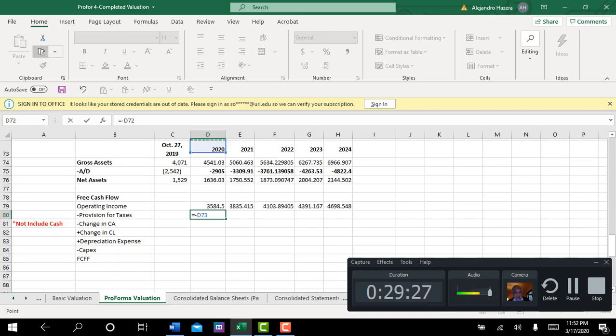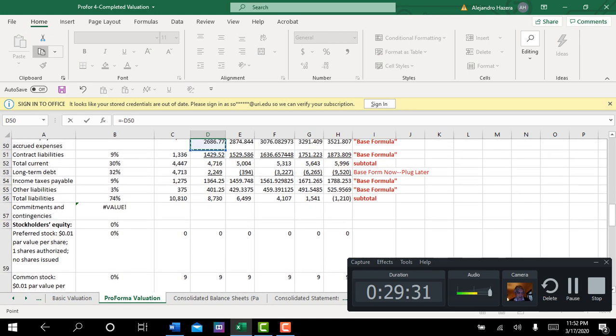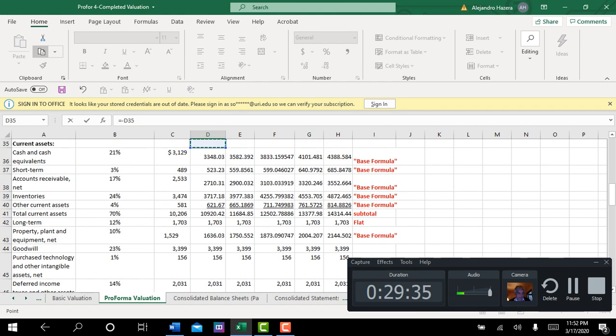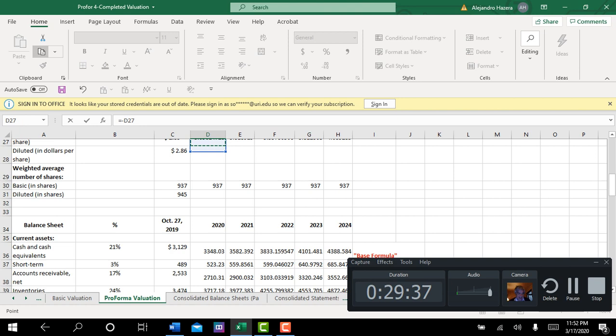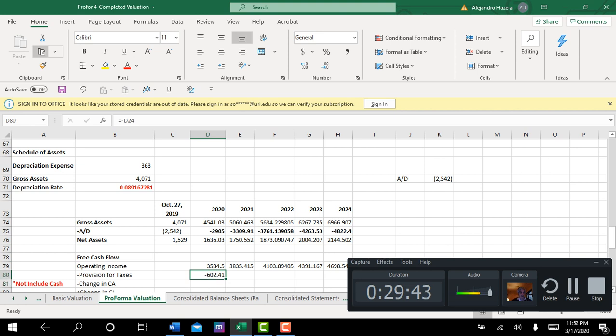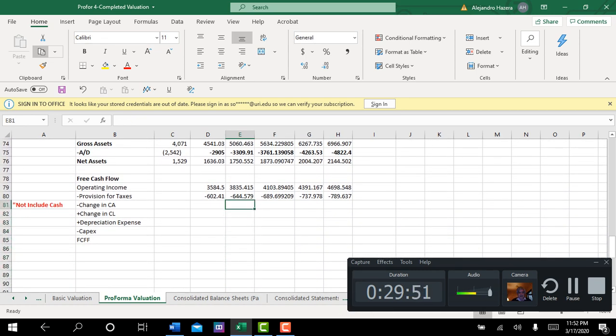So we're just going to go up and get our provision for income taxes from our pro forma income statement. Your provision for taxes in this example is on line 24. So we're going to take out our provision for taxes and we'll just copy it over. That's easy enough.